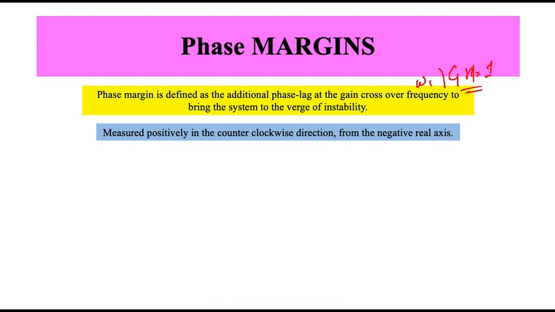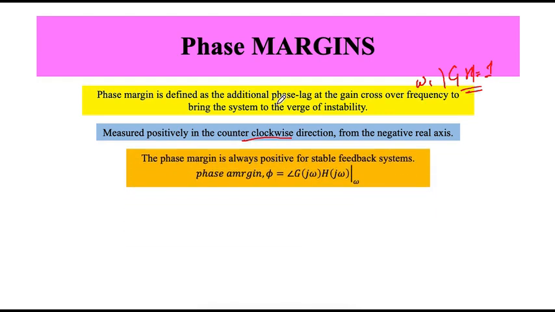Again, the standard term of measurement will be the counterclockwise direction from the negative axis. For a stable system, the phase margin is always positive. That is maybe even true for gain margin.